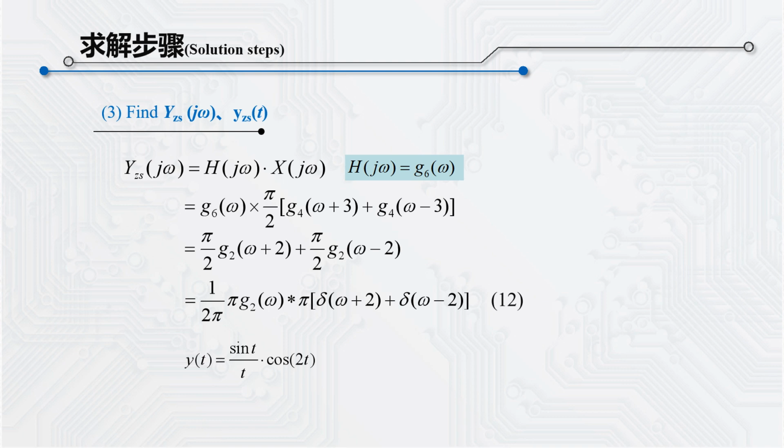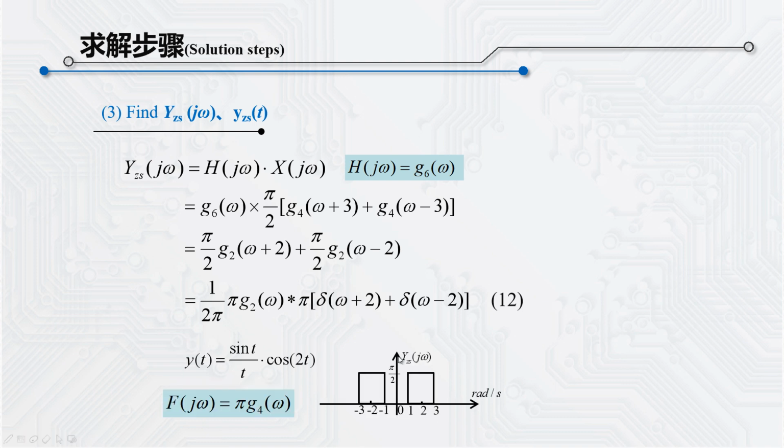According to the convolution theorem in frequency domain, it's obvious that the latter term is the spectrum of cosine 2t, and the former term is the spectrum of sine t over t. So it can be denoted by y(t) equals sine t over t times cosine 2t. This is the spectrum of Y_zs(j omega).